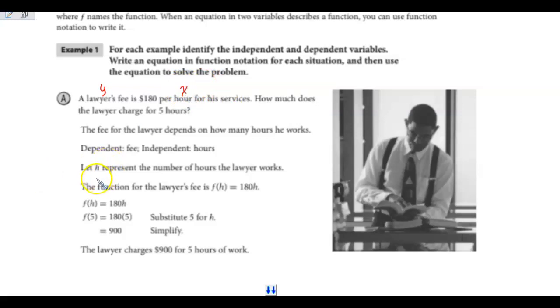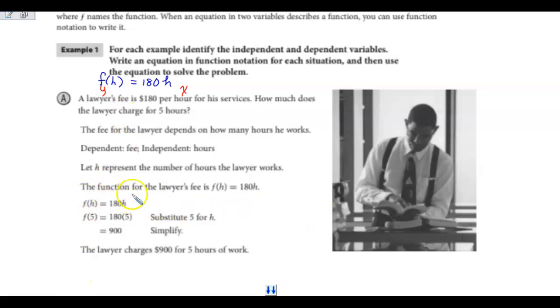In this case, they want us to use h to represent the number of hours he works. And so that means that if I were to rewrite this, y becomes the function of x, or sorry, h, because they want us to use h, is 180h.